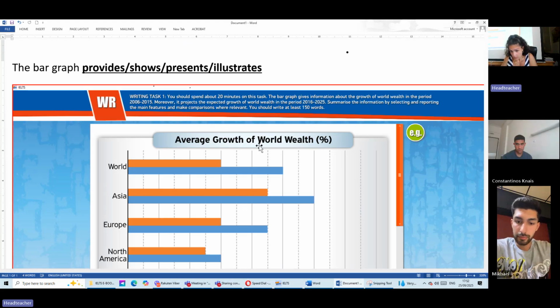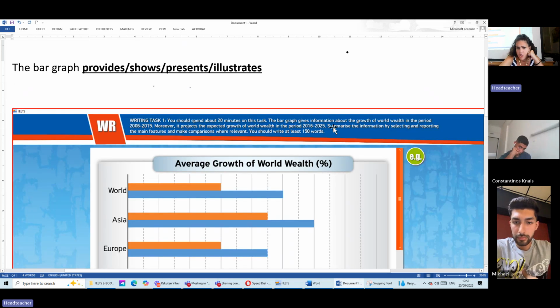So the bar graph provides, when we have the word information, how can we skip that word and use another one? Anything? Gives. Statistics, okay, something more similar.